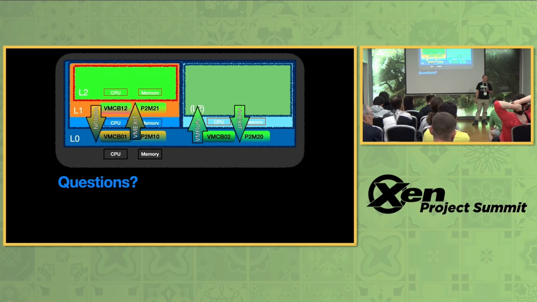It just throws away all the nested P2Ms. So in particular, if you have an L1 hypervisor that's doing grant operations, I think it throws away all the P2Ms every single time it does grant unmap. So we'll need to look into that.